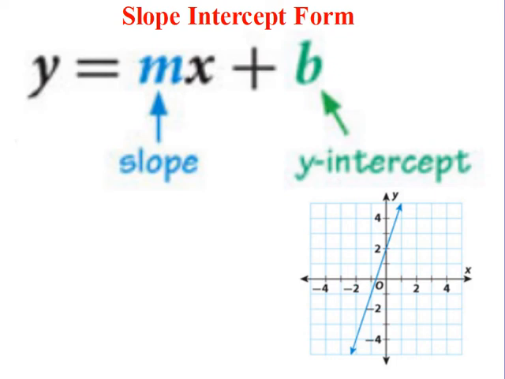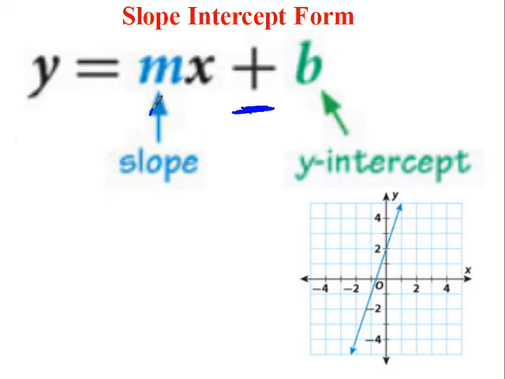If we have a straight line on a graph, the equation is going to look like this: y equals whatever the slope is times x plus some other number. This plus could also be a minus, and that's okay. It could be plus or minus some other number, and that's the y-intercept. We call the y-intercept the b.